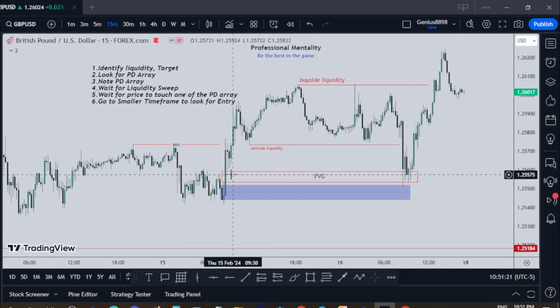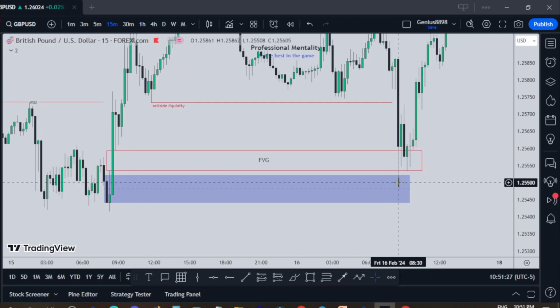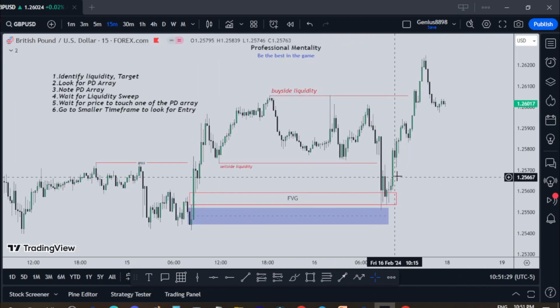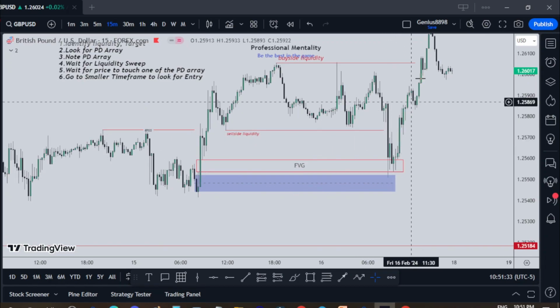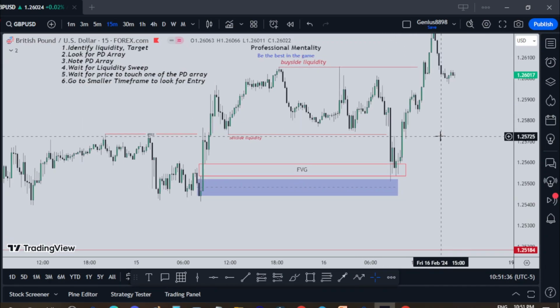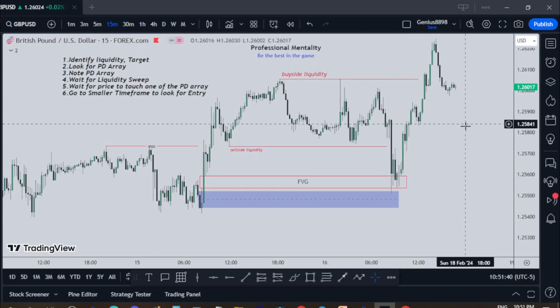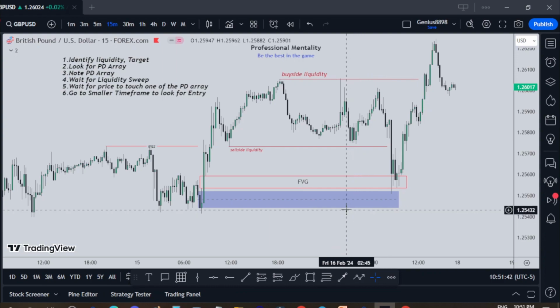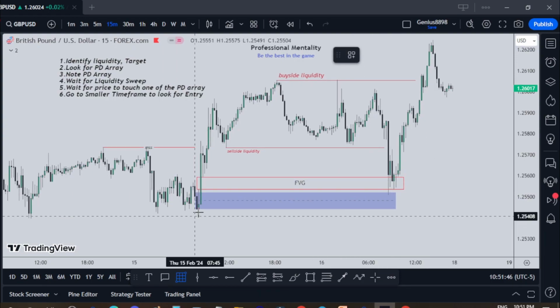After that, you can see that price goes right into our fair value gaps, also into our bullish order block. So right here, how do you get in? After we know that price is coming to it, we have a reversal to the upside after price comes into our discount PD array. Also, if you look at it from a premium and discount perspective, you can use this Fib tool.